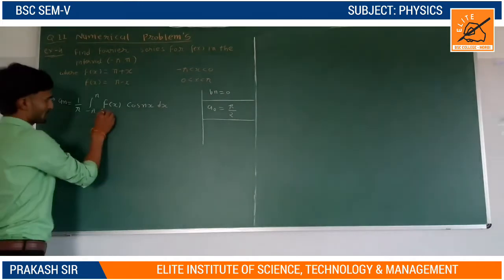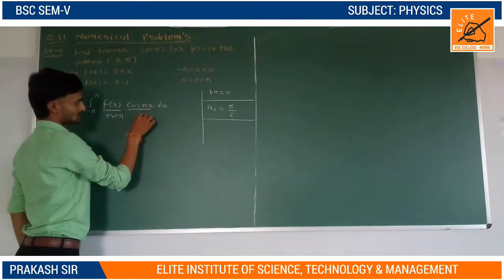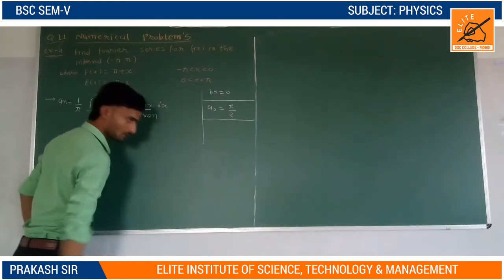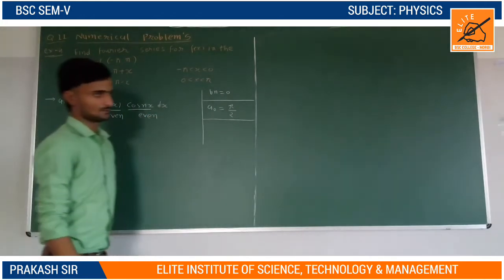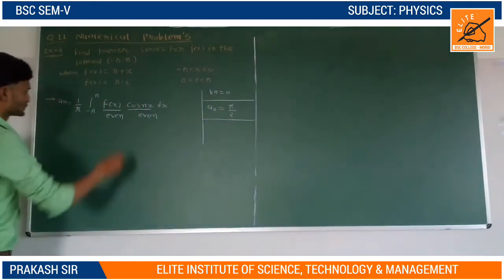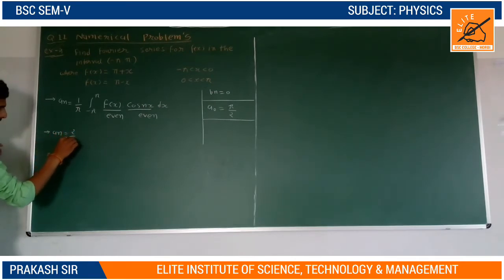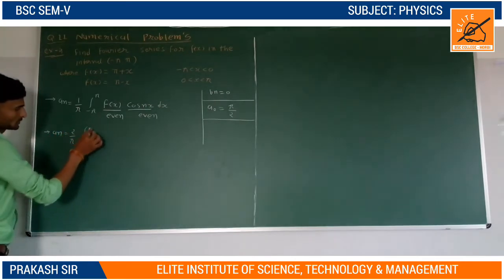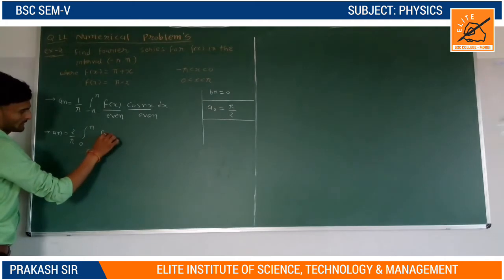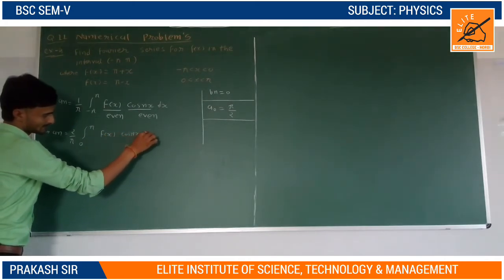Here f of x is even and cos nx is even, so even into even is even. So for an even function the integration is half-range multiplied by 2. So an is equal to 2 upon pi, integral 0 to pi of f of x into cos nx dx.